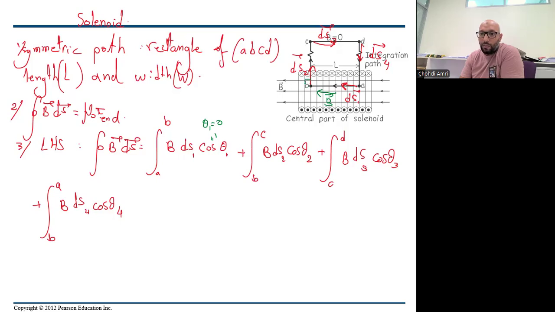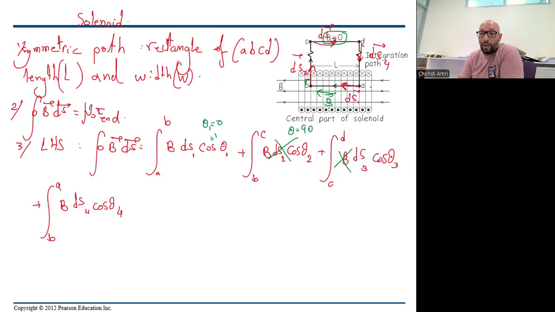So the angle between them is going to be 90. Cosine 90 is 0, so this term will be cancelled. For ds3, ds3 is going left and B is going right. The angle between ds and B is 180 degrees. However, as you see here, the magnetic field is 0 outside of the solenoid, so this term also will be cancelled regardless of the angle between ds and B.